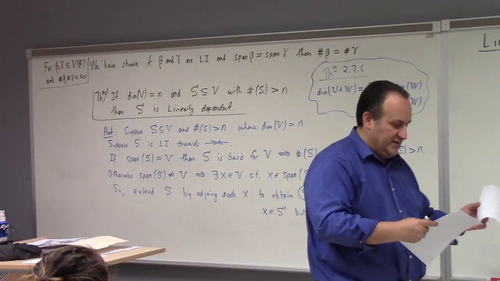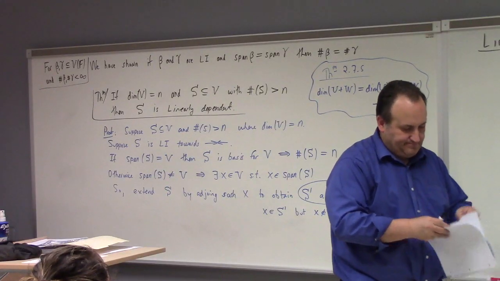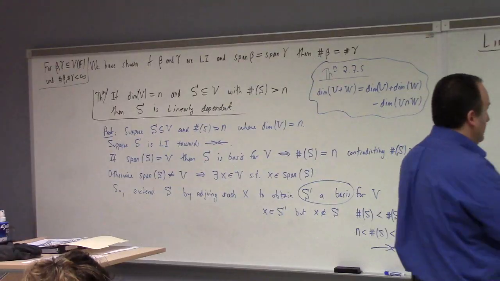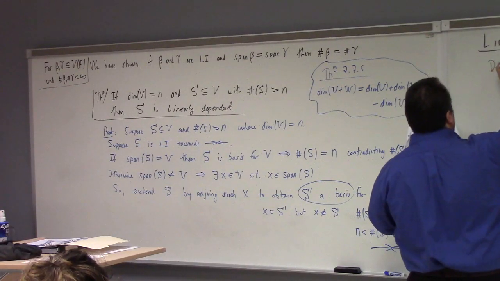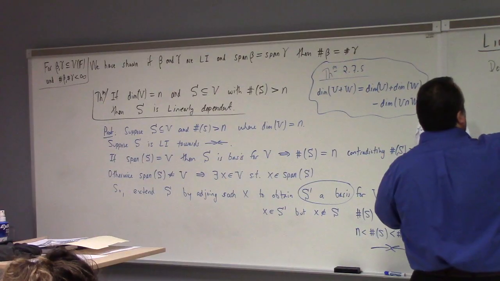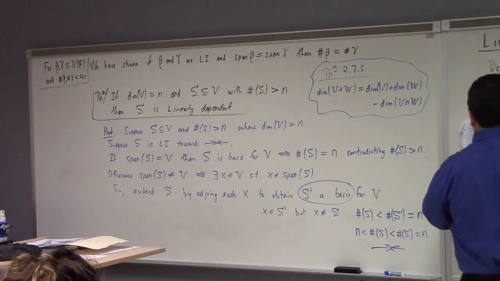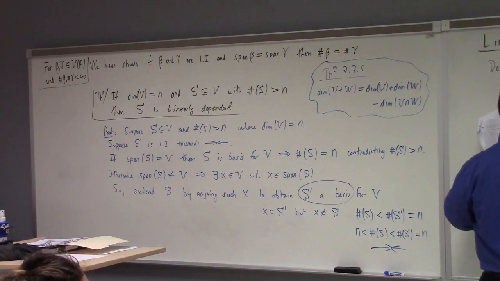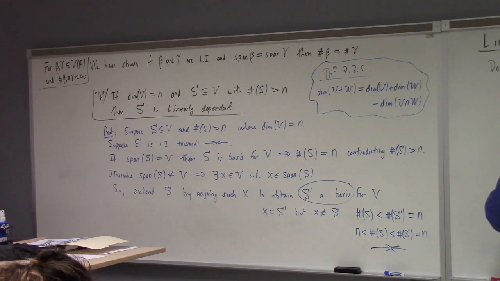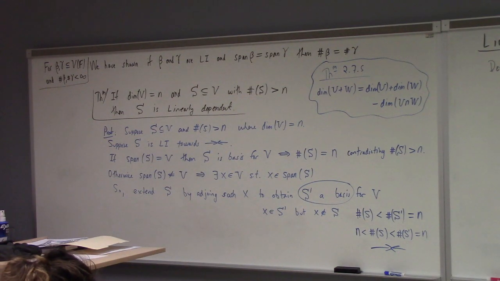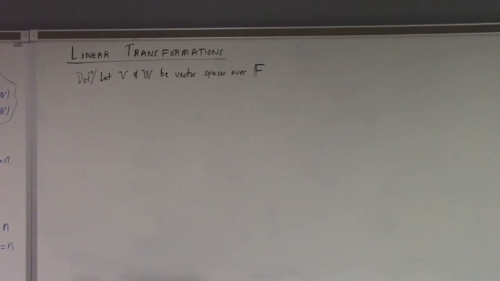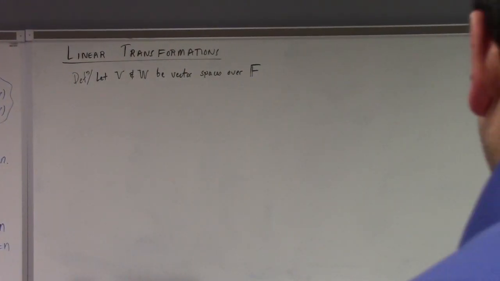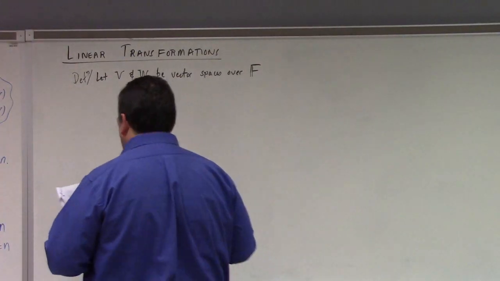So, first of all, what's the definition of a linear transformation? We start there. Definition: let V and W be vector spaces over a field F. Then if a function T from V to W satisfies the additive and the homogeneous condition, we say it's a linear transformation.